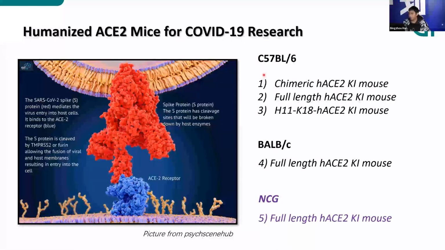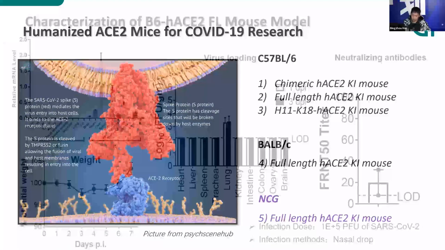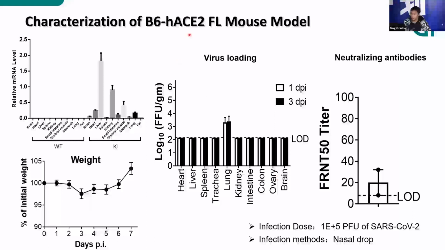We have generated multiple humanized COVID-19 receptor ACE2 lines in different backgrounds, like in B6 background, chimerical full-length ACE2 mice, or ACE2 overexpression mice using a K18 promoter, which is mainly expressed in the epithelial cell of our lung, and also in the BC background or in the severe immunodeficient NCG background. So we have already examined all of the models we generated here.